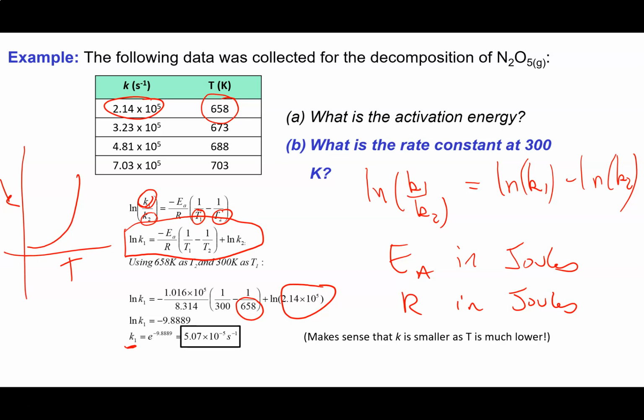So that's really it. It's still a first order process, which is why we have those units of seconds to the minus 1. So we used the linear form to get the activation energy, but then we used the 2-point form to get the value at a different temperature that we didn't have experimental data for.